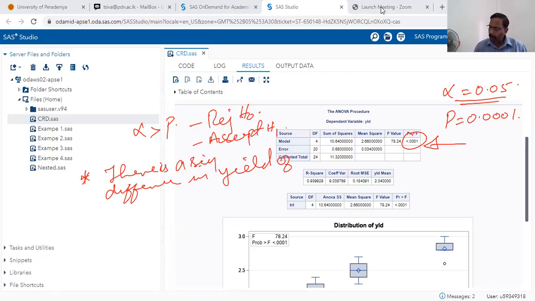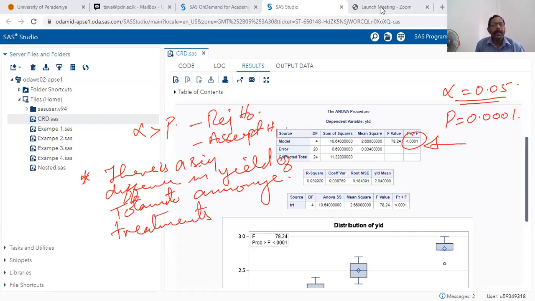Yield of tomato, or whatever it is, right? Tomato, among treatments. What are the treatments?